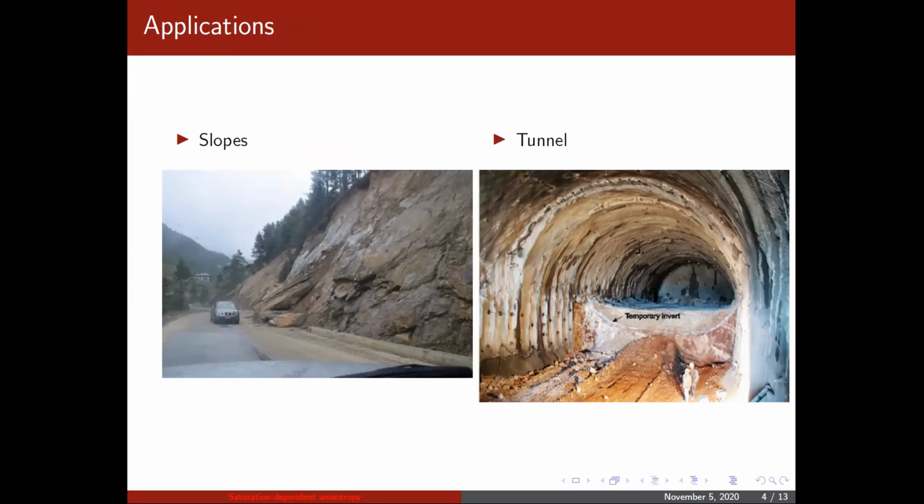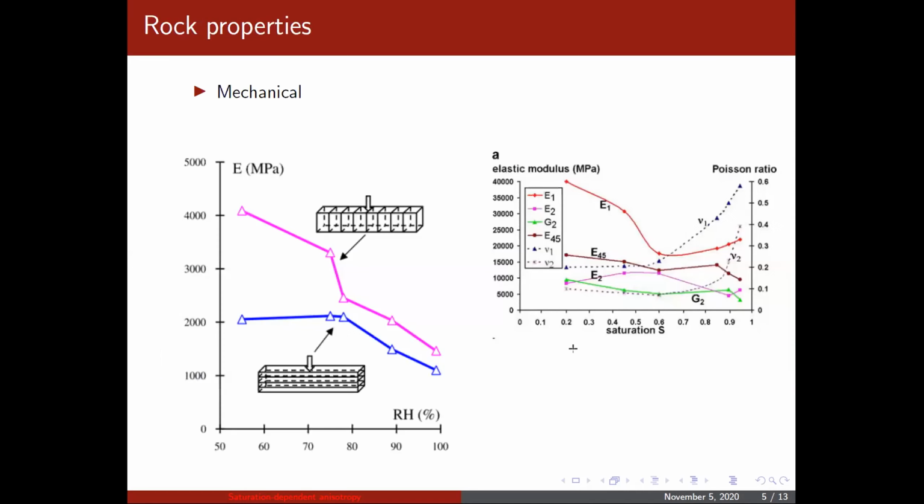Another one is in tunnel excavation. During construction, if the tunnel is ventilated, then air could dry out the rock and cause quite high suctions at the tunnel surface. This would cause deformation in the tunnel due to drying.